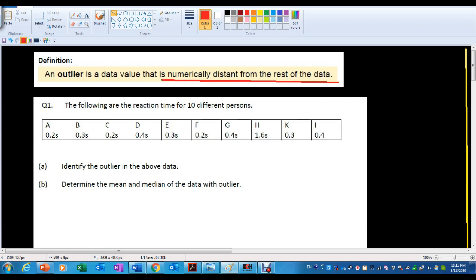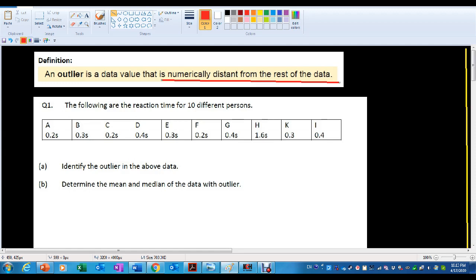So, for example, here are the reaction times for 10 different persons. Reaction time means how much time it takes for one to react to a certain signal.